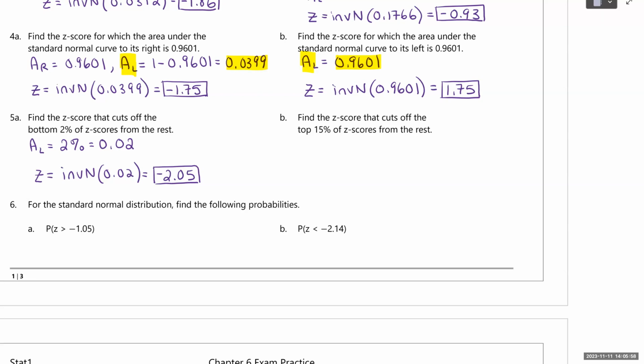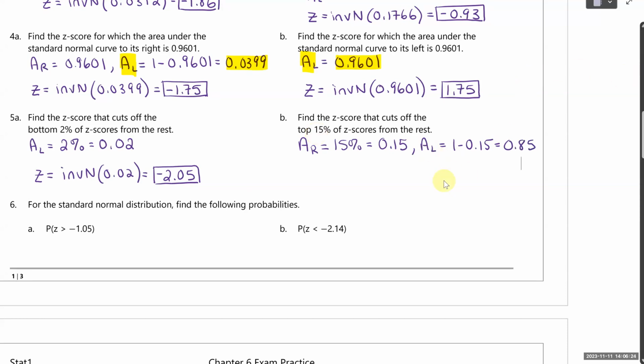And then for 5B, find the z-score that separates the top 15% from the rest. So when they say top, that indicates the area to the right of the z-score needs to be 15%. And you're going to say, I need the area left of it. So 1 minus the area to the right gives you the area to your left.